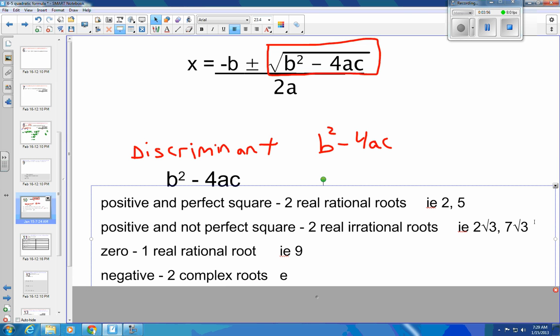If that's negative, then you would have something like 2i and 7i. Sorry, I'm mistaken. You'd end up with something like 2 plus 3i, maybe 2 plus 2i, and 2 minus 2i. So your complex roots would look something like that. So there would be your 4 possible answers.